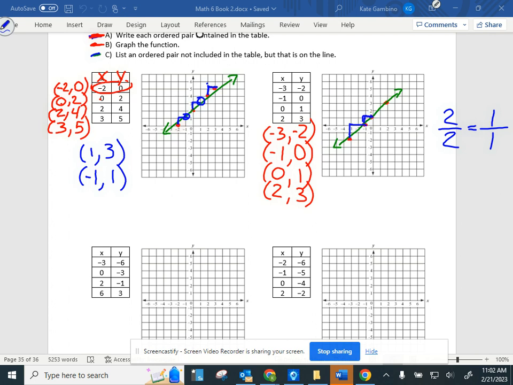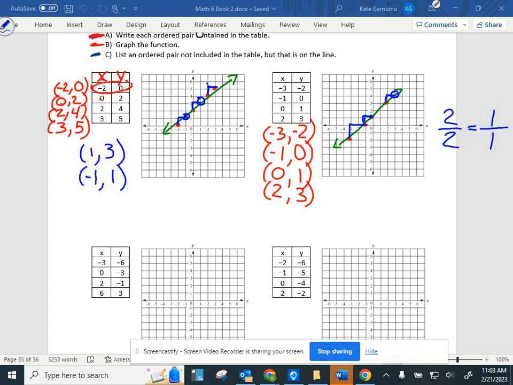So I can come to any of these dots and say, I need to find a dot on the line that isn't already plotted. So I'm going to go to this very end one. And I'm going to say, well, I can go up 1 over 1. So what is my ordered pair that isn't already listed, but it will be on the line? What would that ordered pair be?